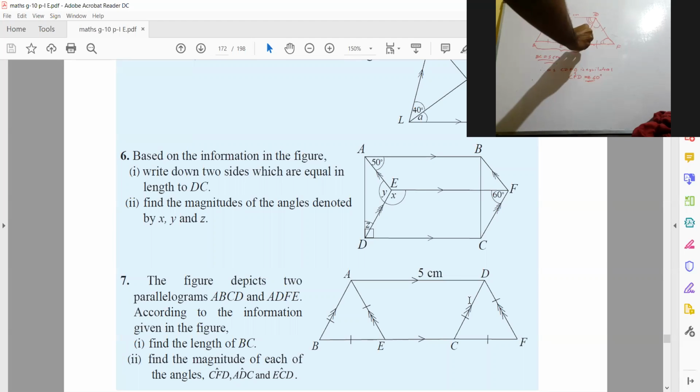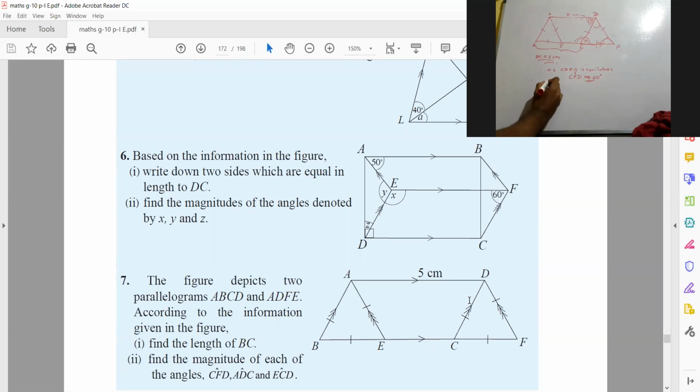This one, let's mark it as X, and this angle X. As these two lines are parallel, as given in the diagram on the screen, I didn't mark all those on the whiteboard, the angles marked as X become alternate angles, right? You know that alternate angles are equal to each other.